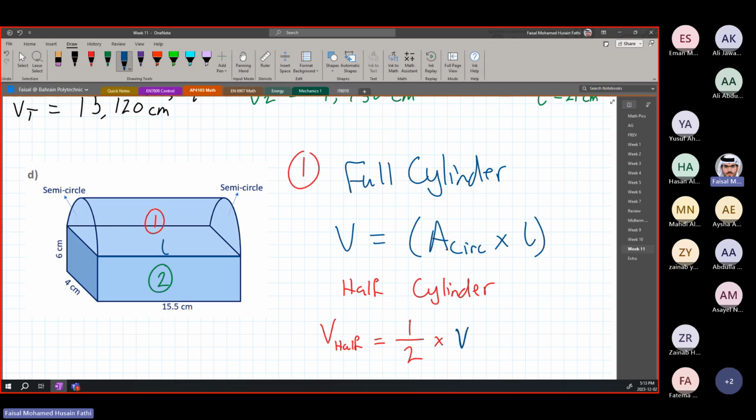That's all you will do in this case. Then you will solve exactly the same way. Eventually you will find V2, and then V total is equal to V1 plus V2, and that's it. Done. Okay?